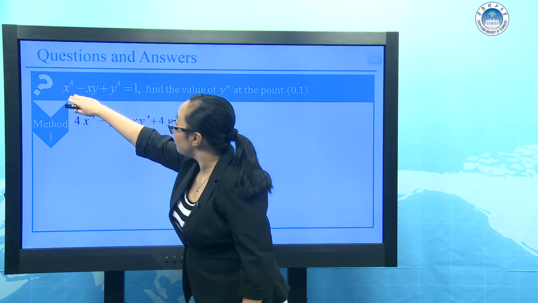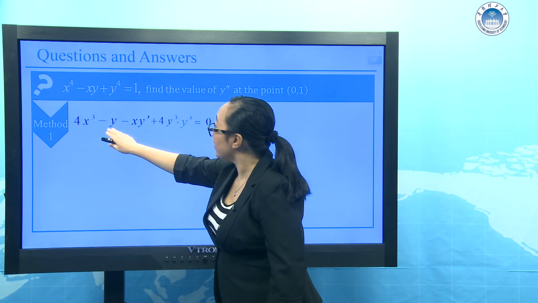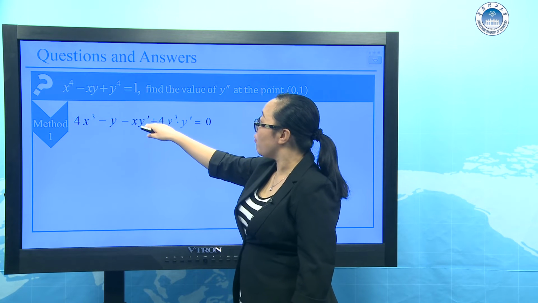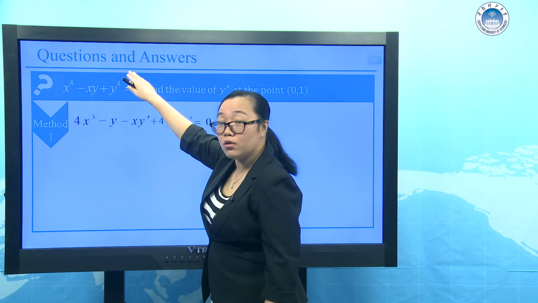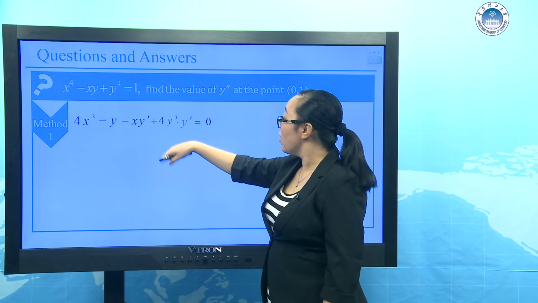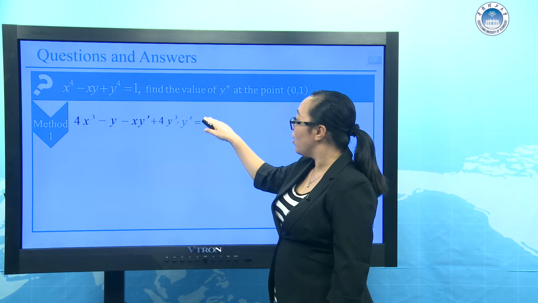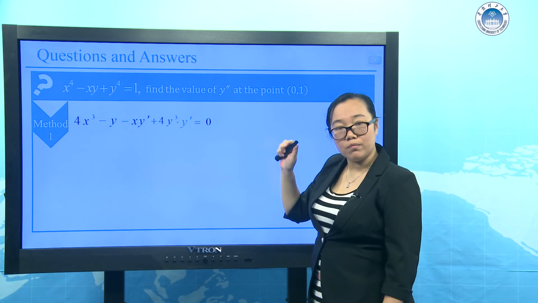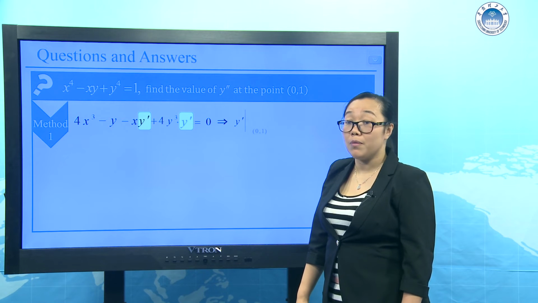The first term, x to the fourth power, gives 4x cubed, minus 1 times y minus x times y prime, plus the derivative of y to the fourth power, which equals 4y cubed times y prime, equals the derivative of 1. 1 prime equals 0. Together we can get y prime equals the expression.